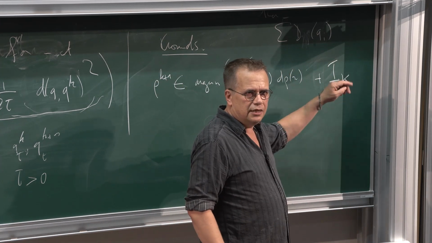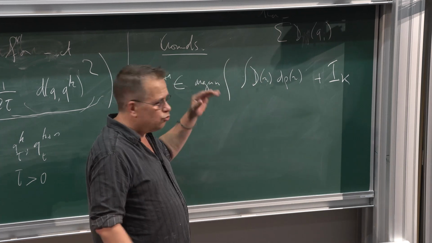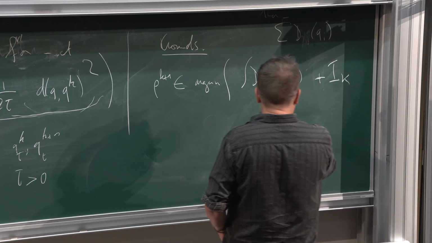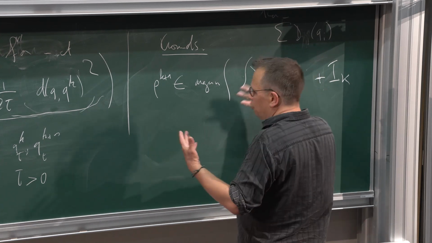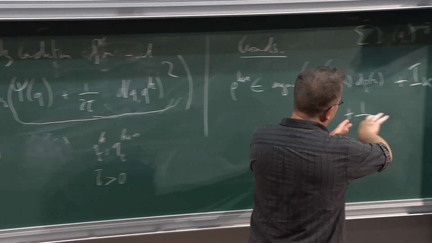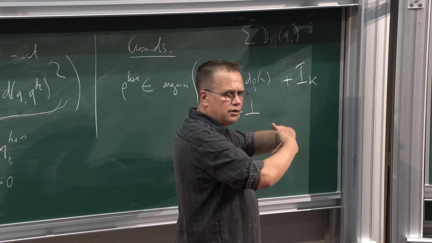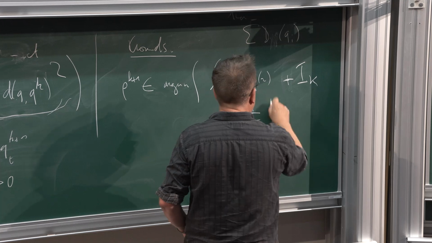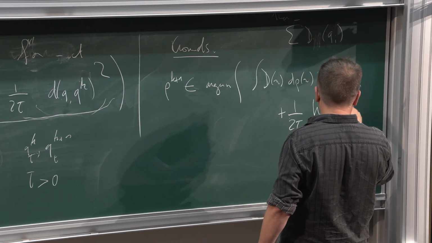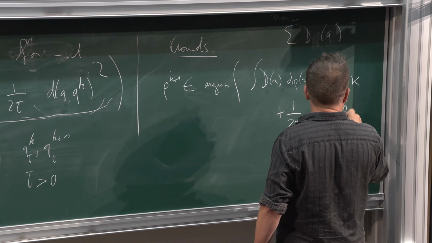This is plus infinity if the constraint is violated. In that case, you will prevent your system from violating the constraint. And then you have this inertial term so that the next solution will in some way stick to the first one in order to get a continuous evolution. That is one half, and here I have the distance, which I take the Wasserstein distance, squared, between rho k and rho.